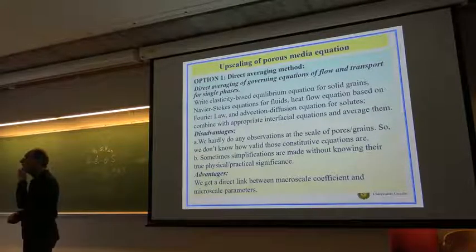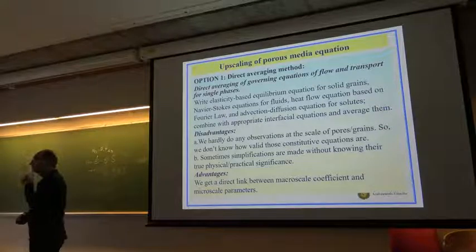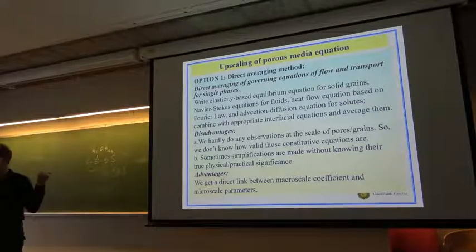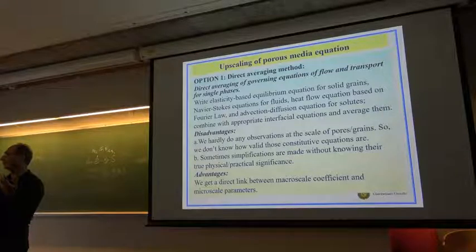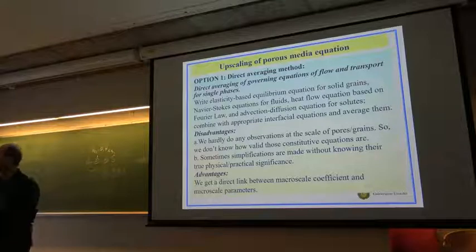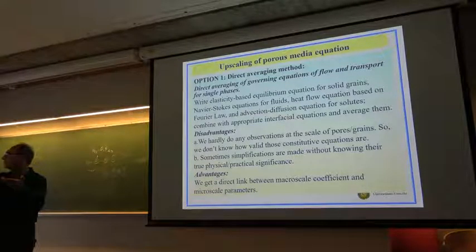May I ask, is this what is called the TCAT procedure? So TCAT is basically the rational thermodynamics approach I explained today. The major difference is that the equations of thermodynamics, like Gibbs relationships, Clausius-Duhem relationships, are also averaged. They are written at the pore scale and averaged.